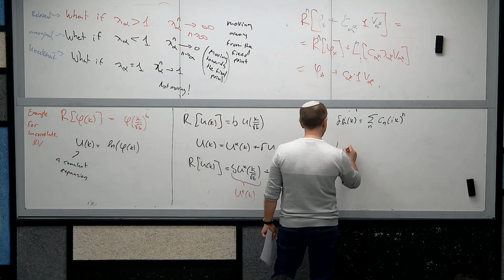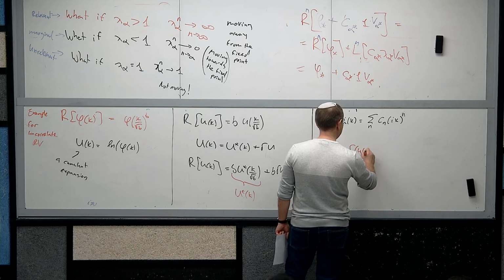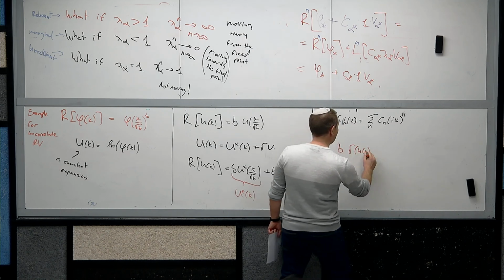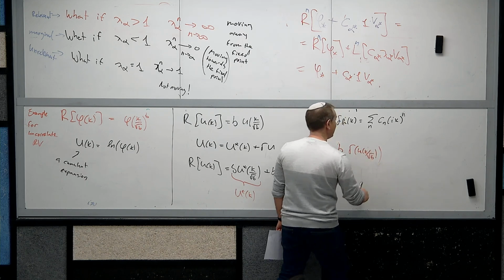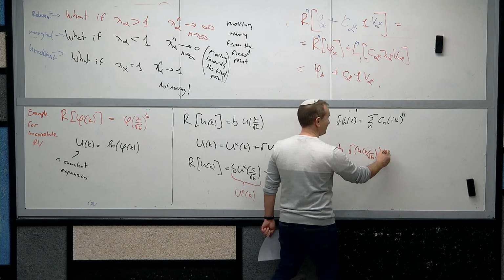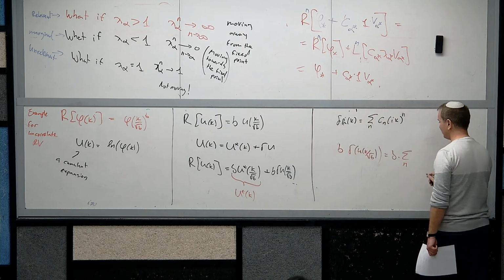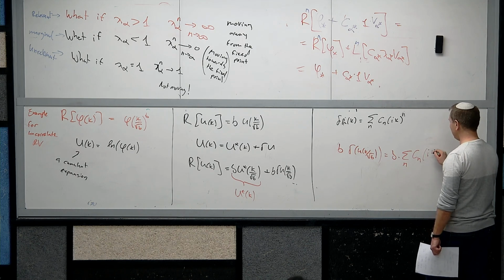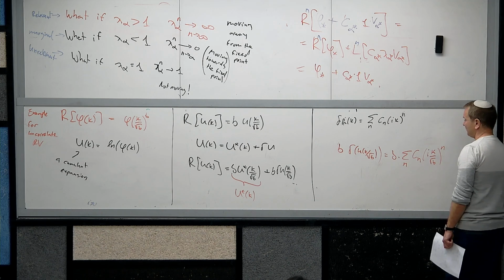So what is B of delta U of K, where K is divided by square root of B? According to this expansion, it is B multiplied by the summation over n of C of n, ik divided by square root of B to the power n.